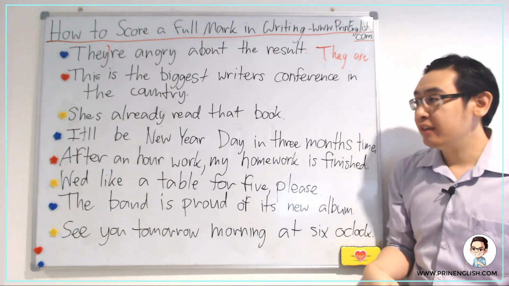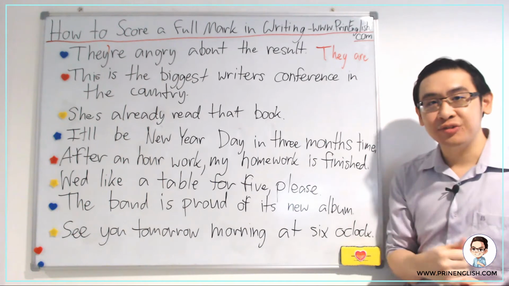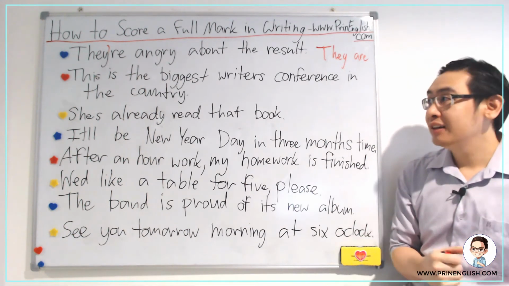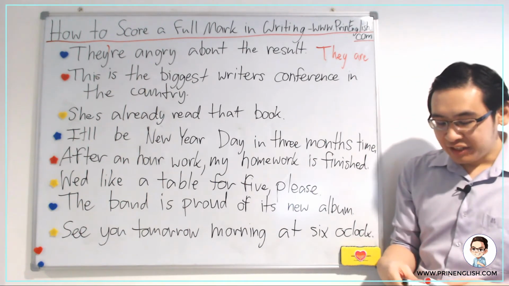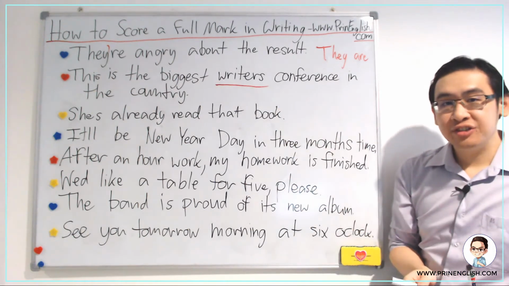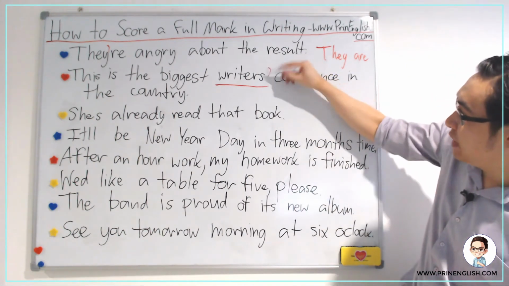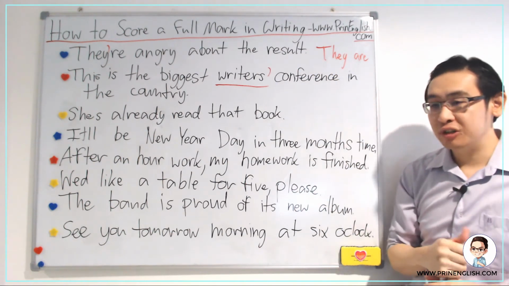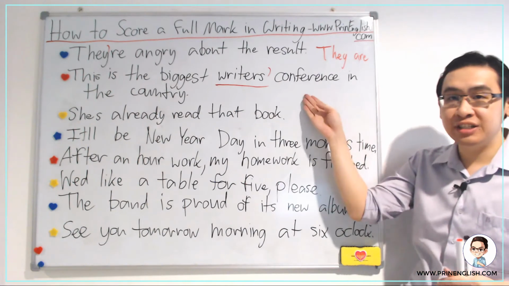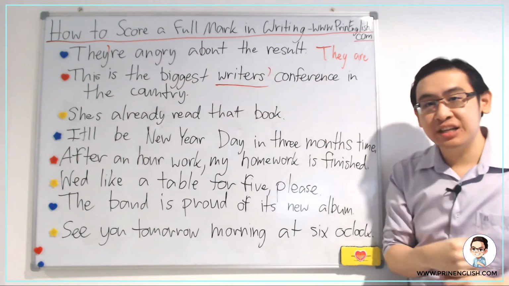Now let's look at the second sentence. This is the biggest writers' conference in the country. Where should you put in the apostrophe? The answer is here. There are two ways actually. The first one should be like this: writers' conference. So you're talking about this conference, this meeting for many writers, it's the biggest in the country.